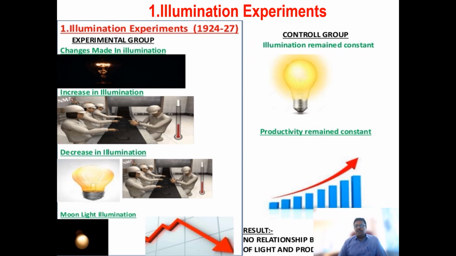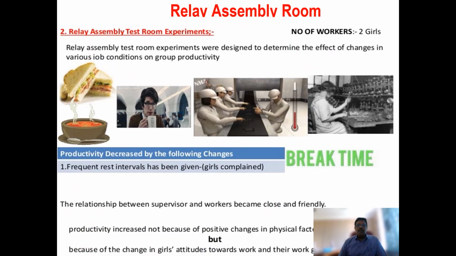During the study, employee productivity increased both when the light was increased and when it was decreased. However, productivity decreased when the study ended. Next, the relay assembly room study. Regardless of the conditions, whether there were more or fewer rest periods, or longer or shorter working days, the women worked harder and more efficiently.